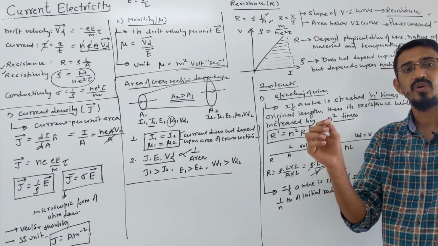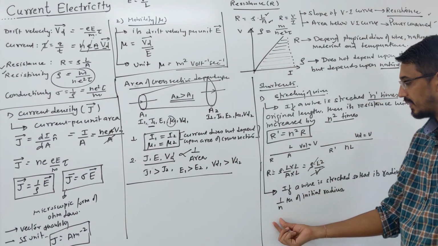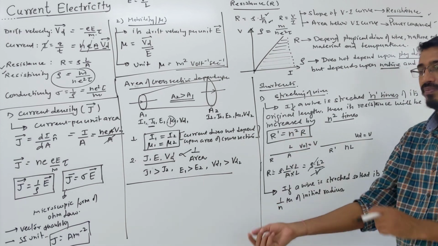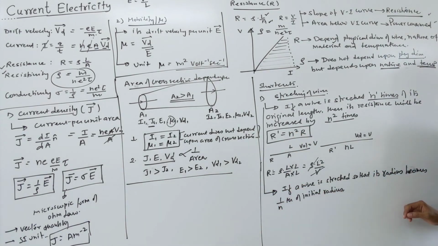Suppose the initial radius is small r, then it becomes r by n, reduced to r by 2, r by 3, something. When you stretch, obviously the radius will reduce. Radius reduces, then what will happen?